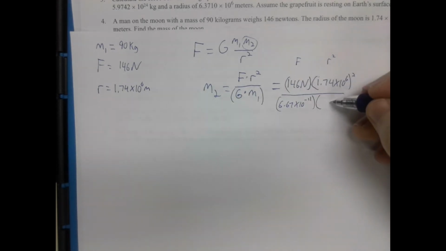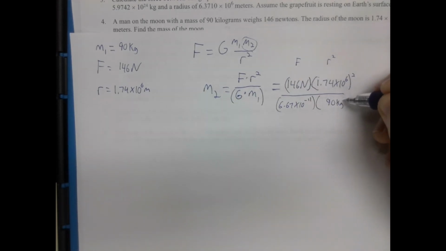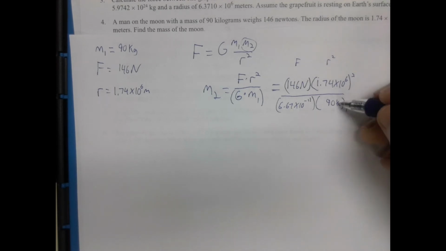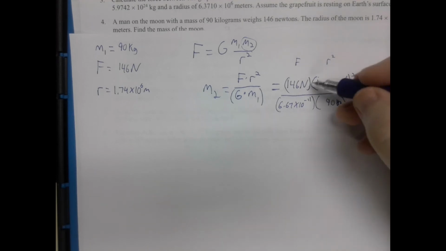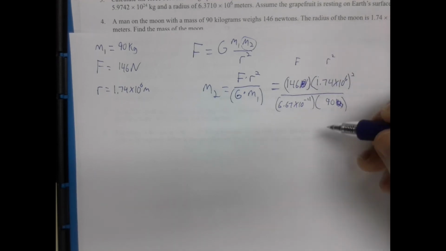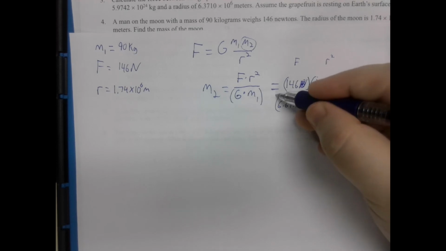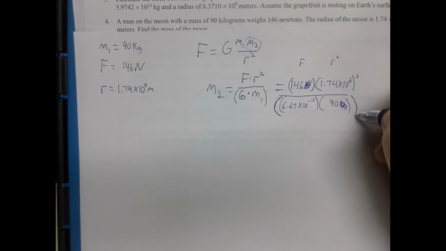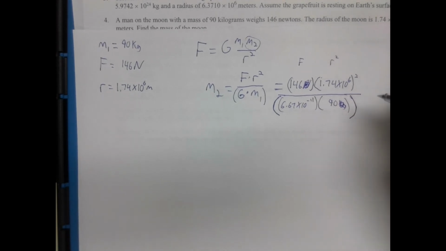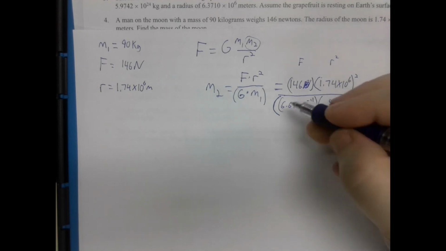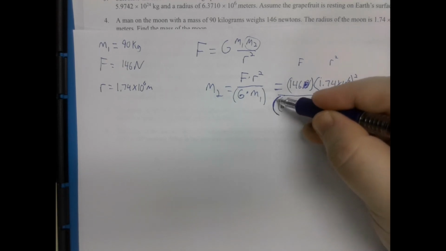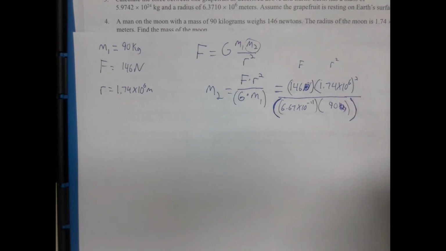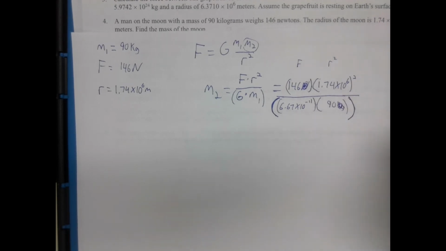Our M1 was 90 kilograms. Don't have to put units really when doing it. Make sure when typing in the calculator, though, you put the entire denominator in parentheses. If you don't, it will come out with the wrong answer. Always put your denominators in parentheses so that it multiplies this together in the denominator first.